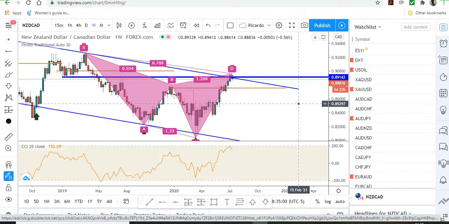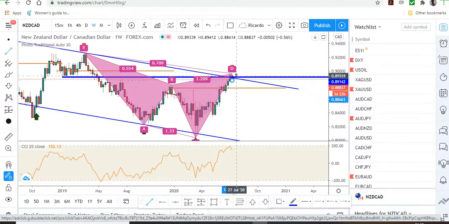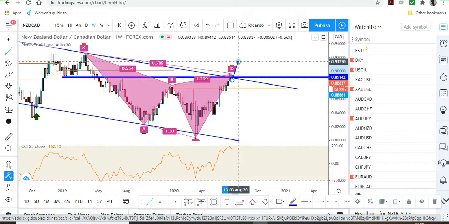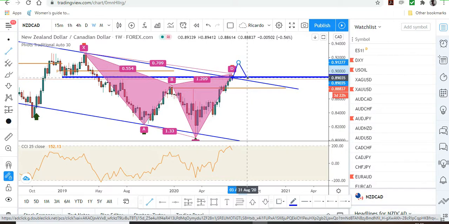So if we are going to look to sell this market, we have to be thinking selling. The only way we can buy this market is if this market breaks through the resistance and tests the resistance back as support, and then we can look to buy.